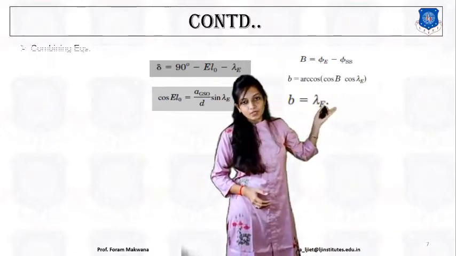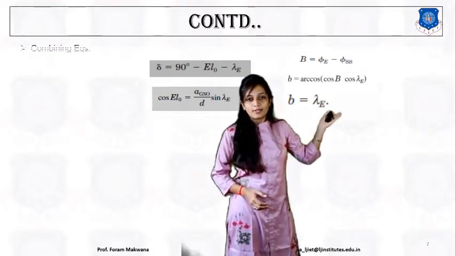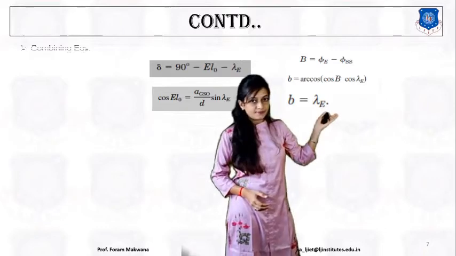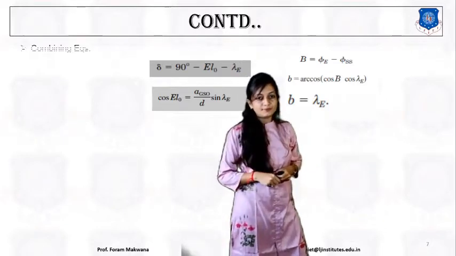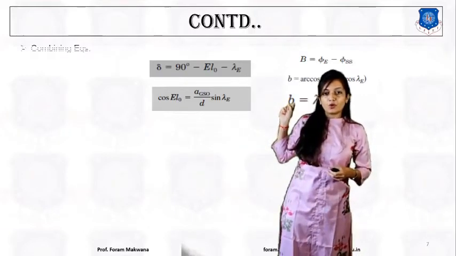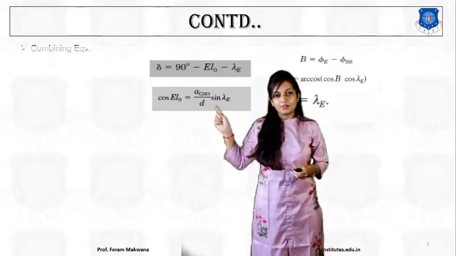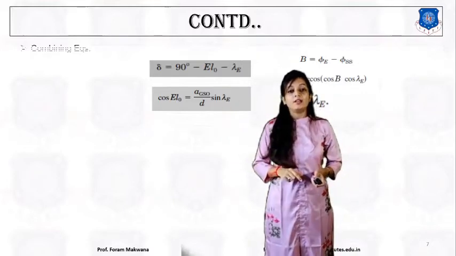But the value of small b is approximately equal to lambda e. So we are simply placing that value of small b over here with lambda e, so we are able to calculate the elevation angle.